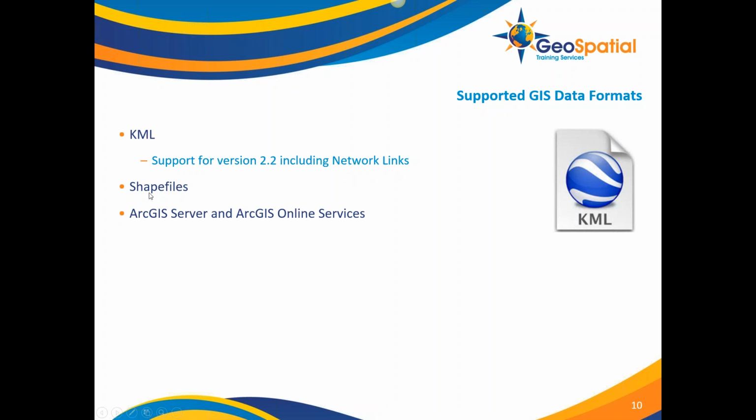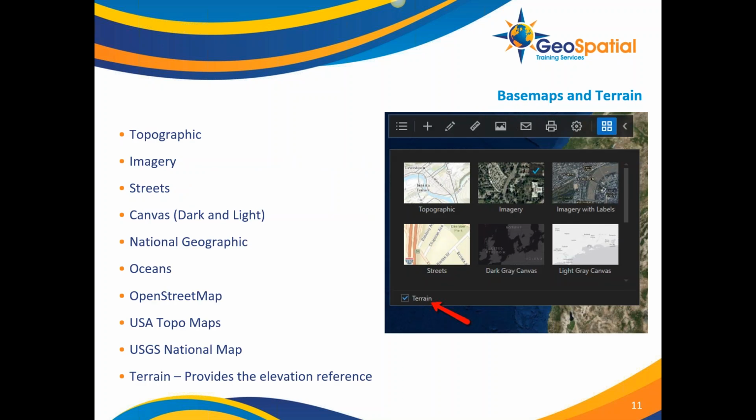ArcGIS Earth also includes support for shapefiles, very common format, obviously, and then also ArcGIS Server and ArcGIS Online services. It has an integrated dialog that allows you to connect to ArcGIS Online, as well as enter URLs for ArcGIS Server instances. And we'll show you an example of that here in just a few minutes.